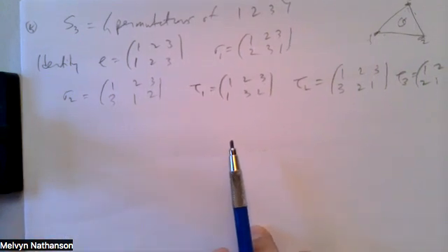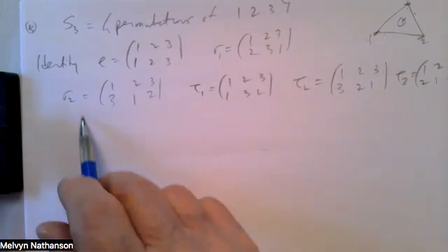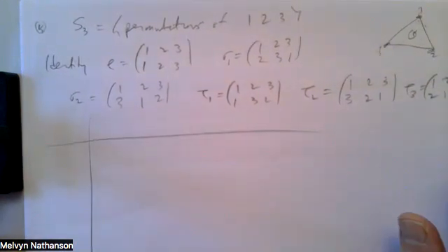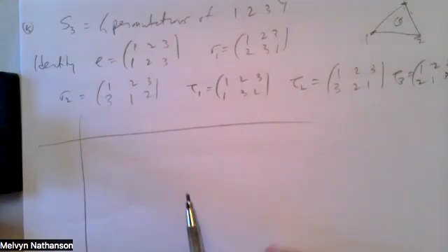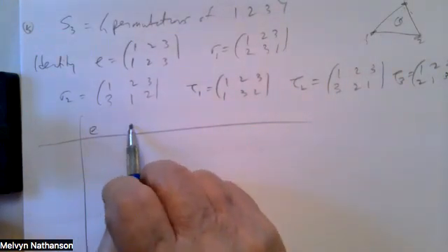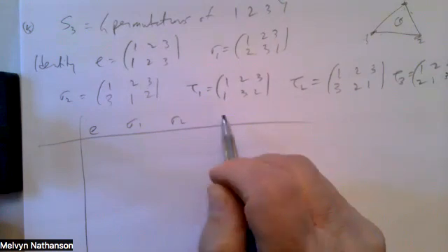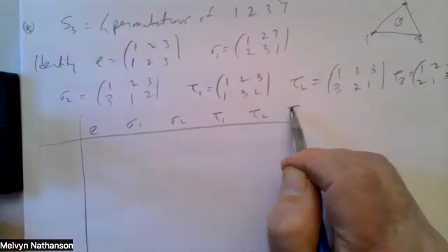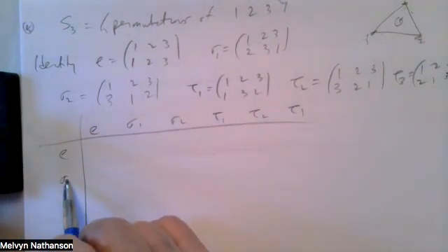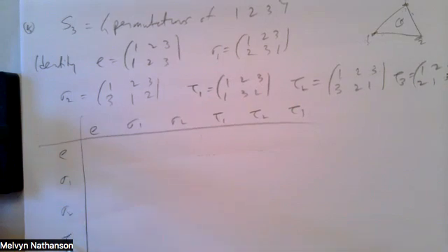And I want to calculate the multiplication table. So that's going to be a 6 by 6 matrix. I have E, sigma 1, sigma 2, tau 1, tau 2, tau 3, and the same along the other side. And what I put in here is, in each given place, this times this.